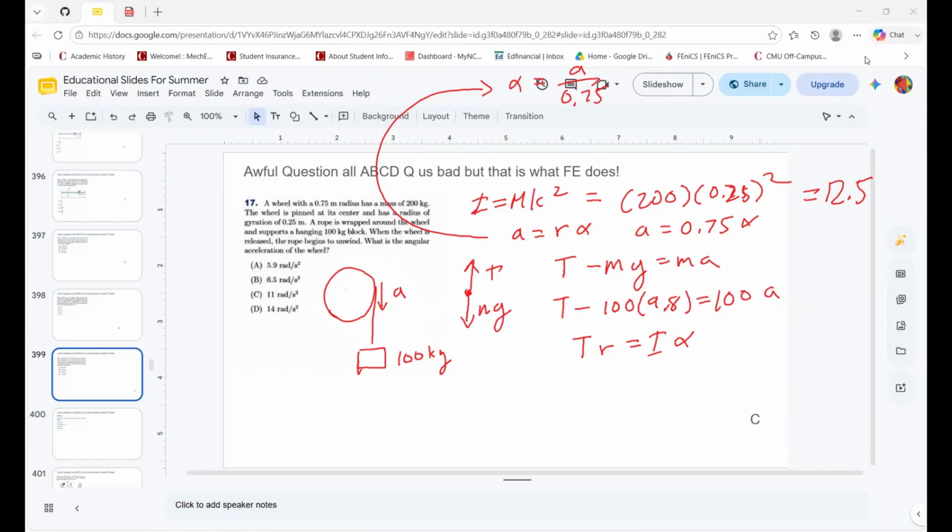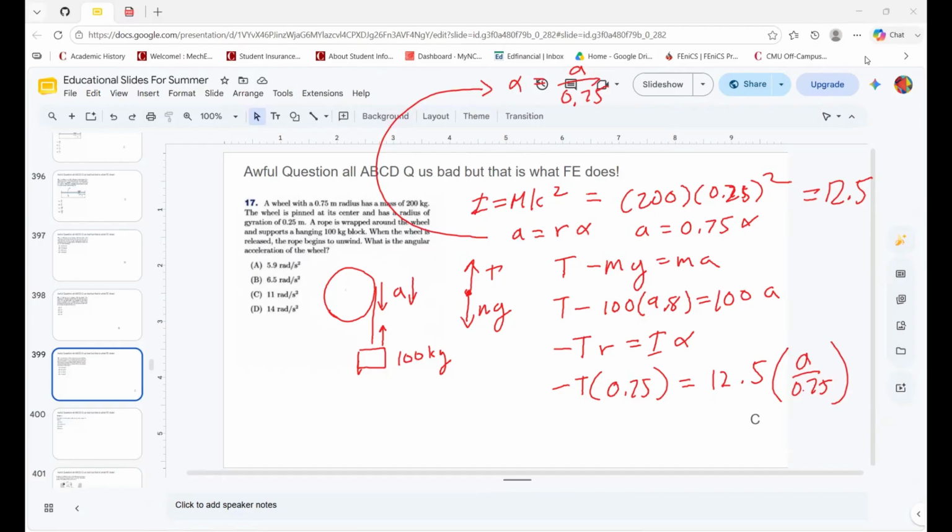Remember, because of how it works right now, the T is like this, so this is negative. So T multiplied by 0.75 equals I, which is 12.5, and alpha is basically A divided by 0.75. Now, with that said, we have a ratio to denote T with A, so we actually can get A from this.